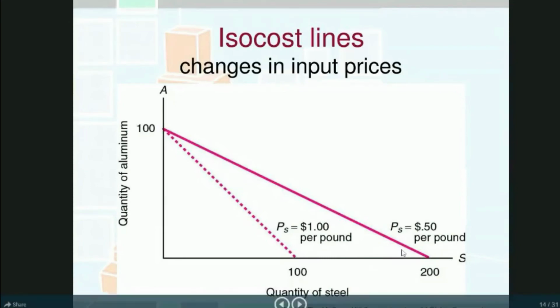At $50 per pound, this is the quantity of steel that you can buy. If there is a price increase, it will reduce, because there is the total cost that you need to target. So at $1 per pound, what will happen to your slope?